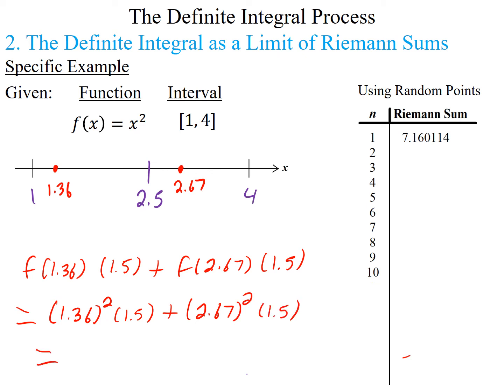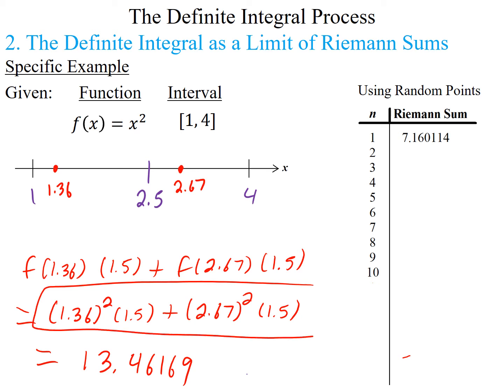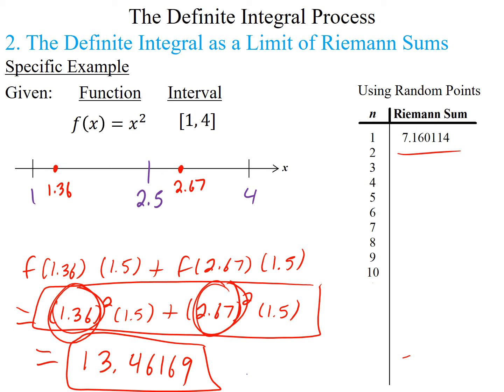And when you're done, you get 13.46169. Again, if you don't get exactly that answer by putting this in the calculator, it's because I used a rounded number here and here, but this number assumes that this and this were the numbers Excel was using and not the rounded versions here. But anyway, that answer goes over here.